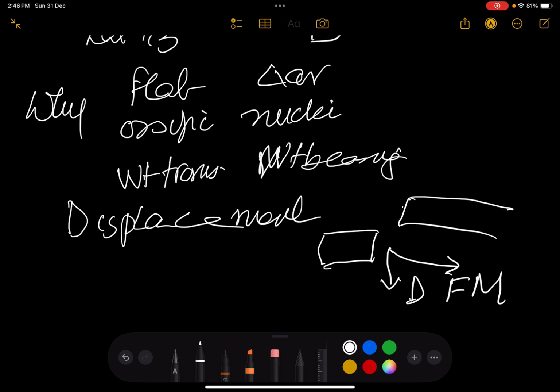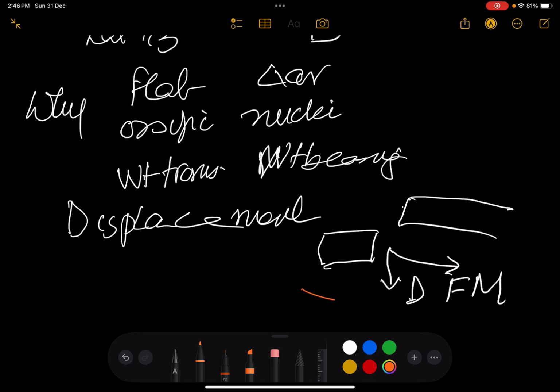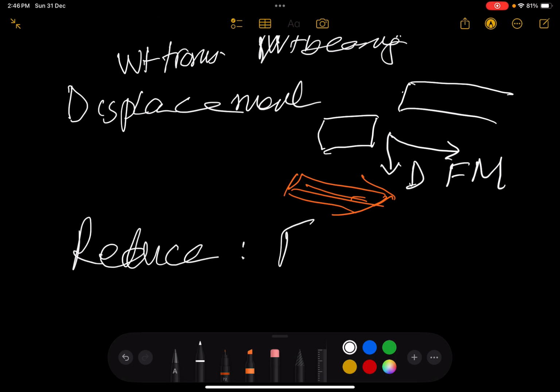And this displacement is because of the pull of the pectoralis major muscle. Okay, so to reduce this, you will have to tie a figure of 8 bandage.